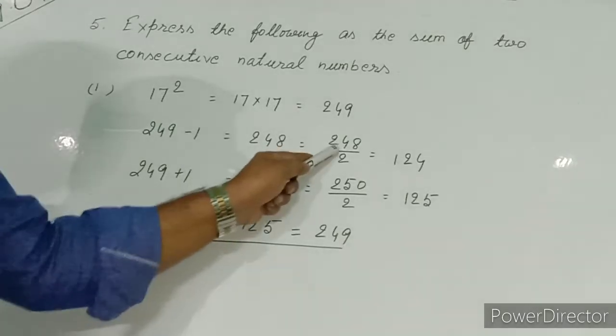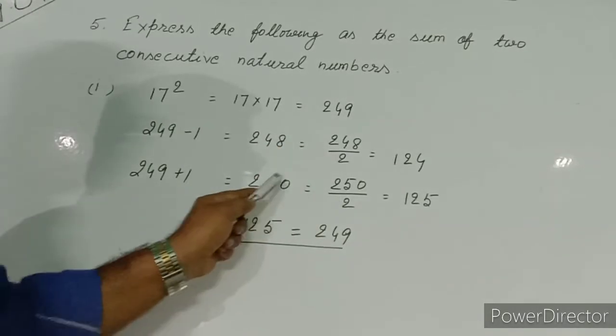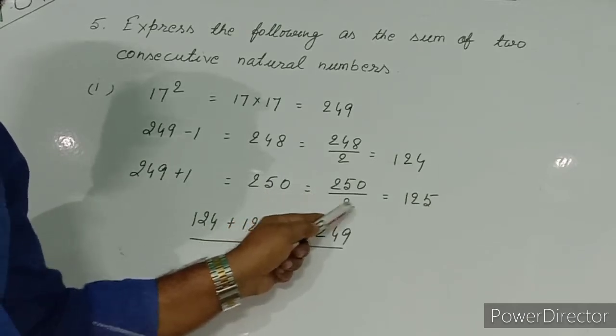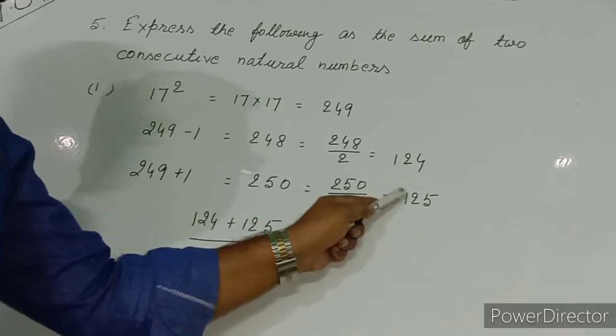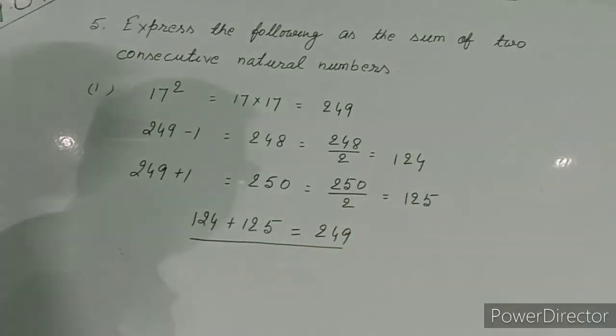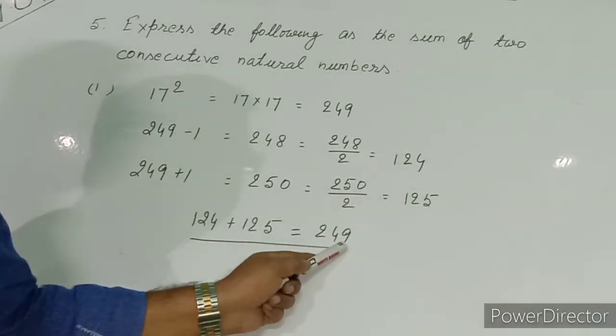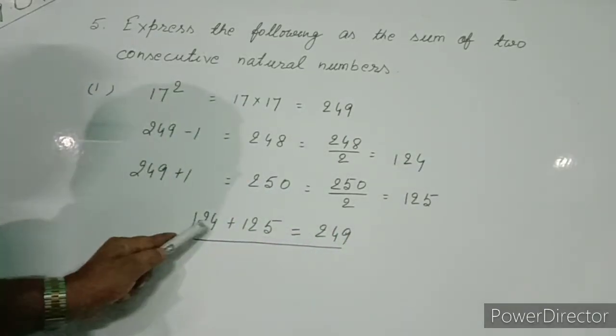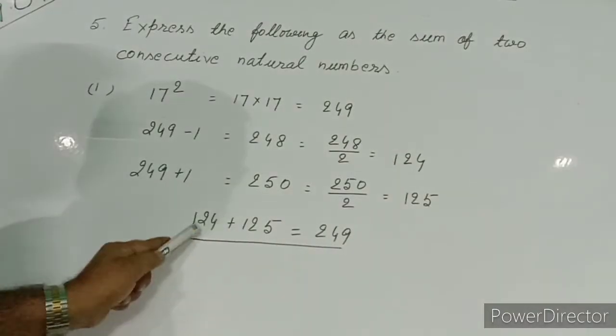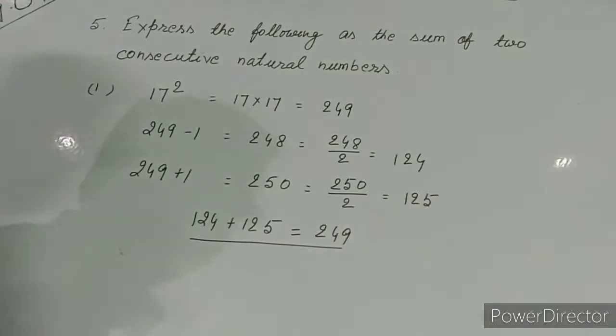Again I divided by 2. I got 145. When you add these two, 144 plus 145, you will get 289. So 17 square is the sum of these two consecutive natural numbers.